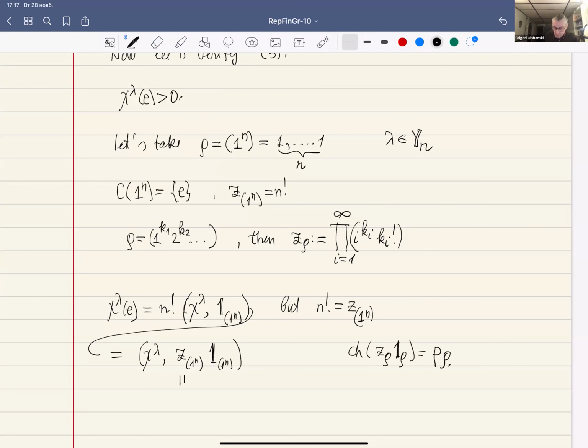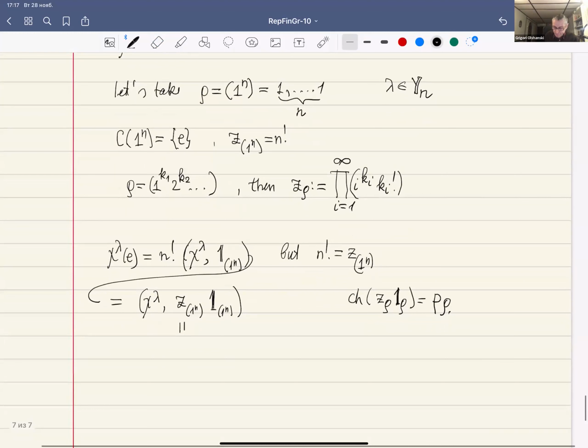So this is equal to, because the scalar product is preserved, we can pass to the images. So this is a scalar product of functions on the symmetric group. And now we pass to the corresponding symmetric functions.